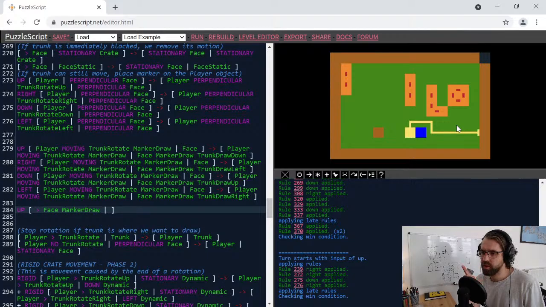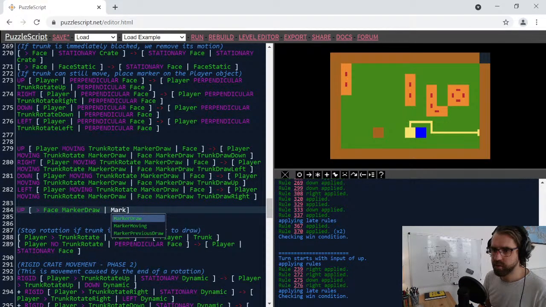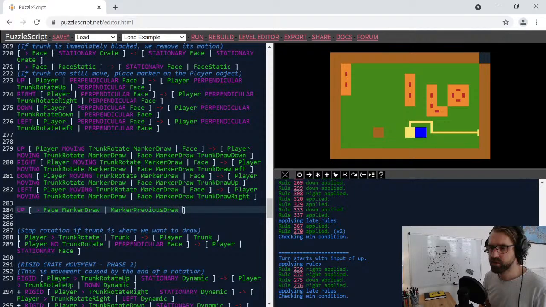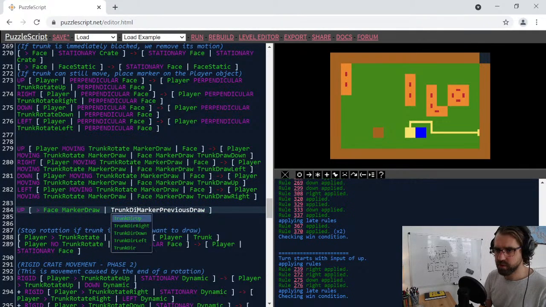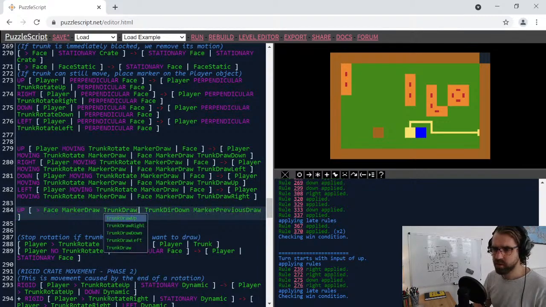Place a marker there. Marker previous draw. If there is a trunk dir down in space, then also move the trunk draw along into that space.